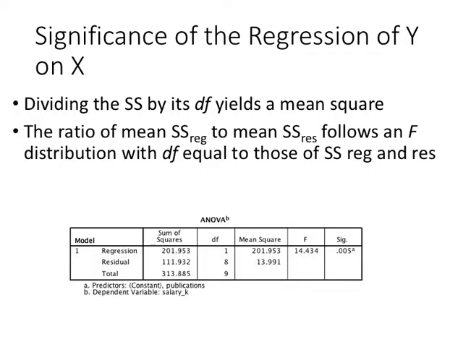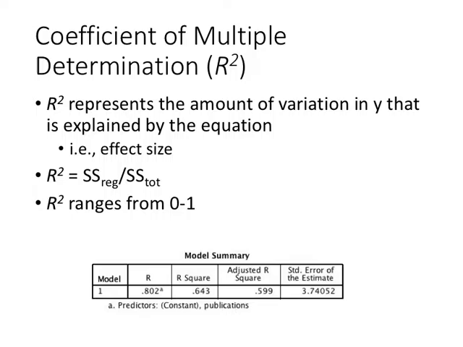How do we know if our regression of y on x is meaningful? Well, we do an F test, and if we reject the null hypothesis, then we have some confidence that the relationship is more than we expect just by chance. And so another question is, well, how strong is the relationship between our independent variable and the dependent variable?